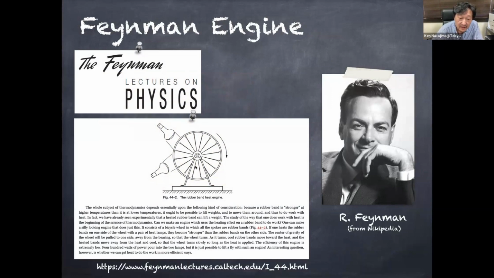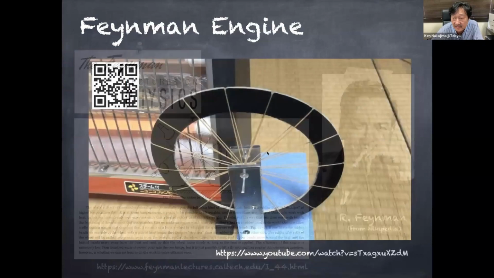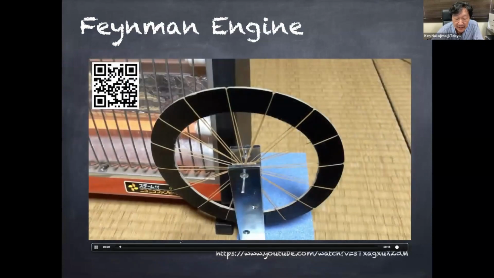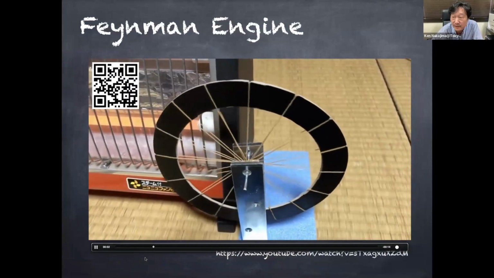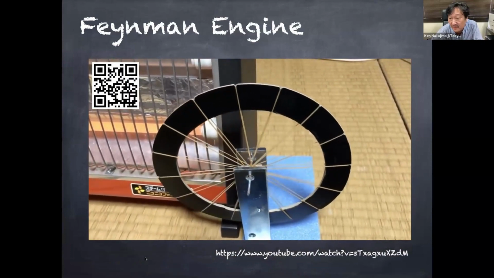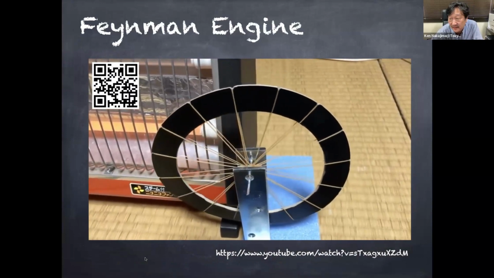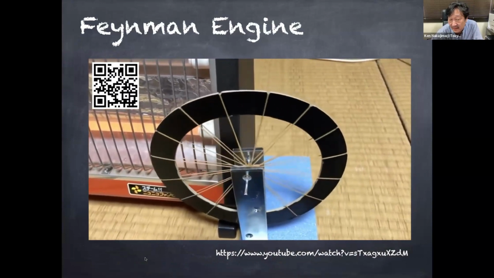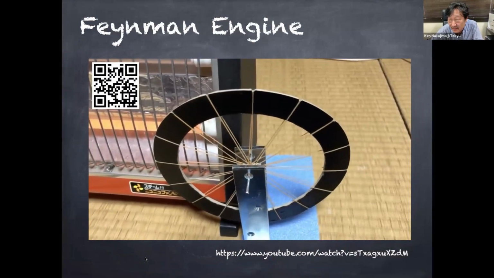So here, there is a wheel, and these are rubber bands. Then one side is heated by a lamp. So maybe you'd better look at the next slide, which is a YouTube movie. Yeah, if you do so, then this system starts to rotate. Very interesting. Why does it happen?